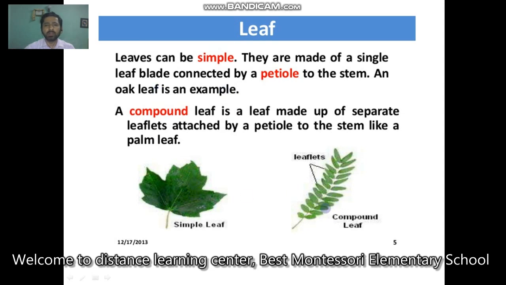And in compound leaves, there are so many leaflets attached. Single leaf, compound leaf, look, so many, 1 2 3 4, so many are here. Simple type of leaf, compound type of leaf, and we can identify whether a flower has a simple leaf or compound leaf by observing its leaf. These are the types of leaf.